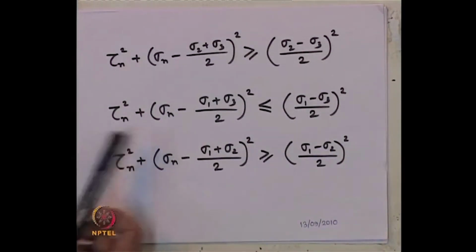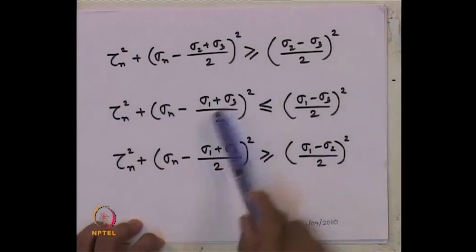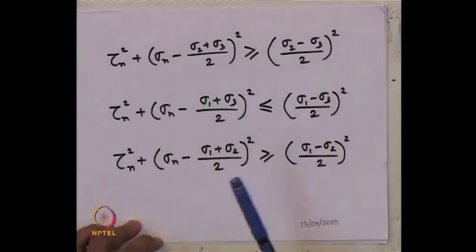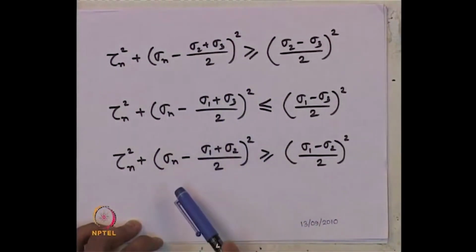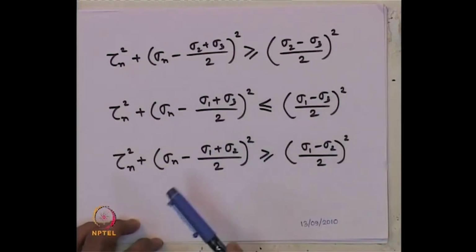So, from these expressions, if we want to represent it in graphical form, in the form of a circle, if we look at these equations very carefully, these are nothing but equations of a circle. This is also the equation of a circle, and this is also the equation of a circle, with these as the center of the circle and these as the radius of the circle, right.